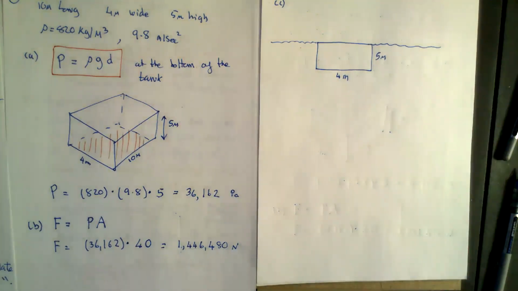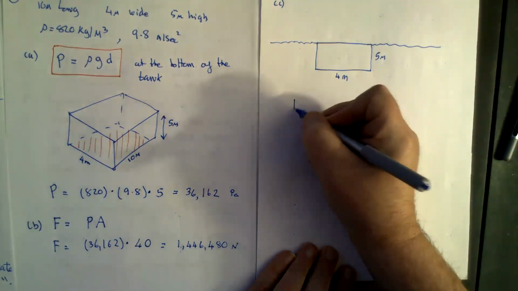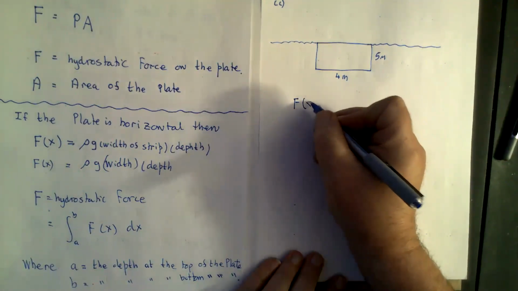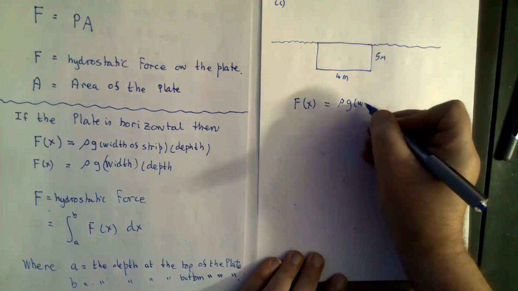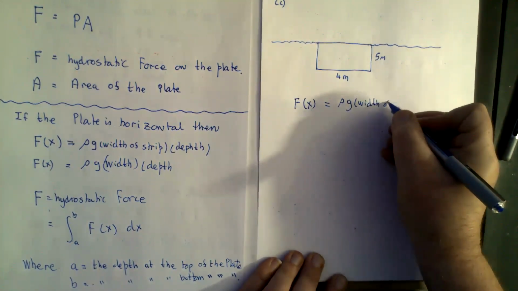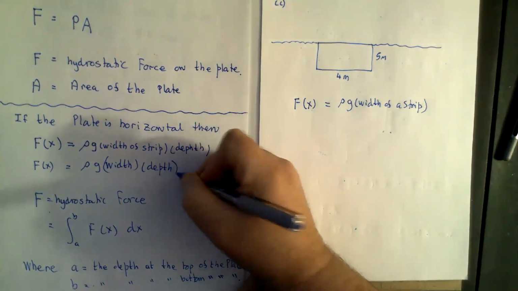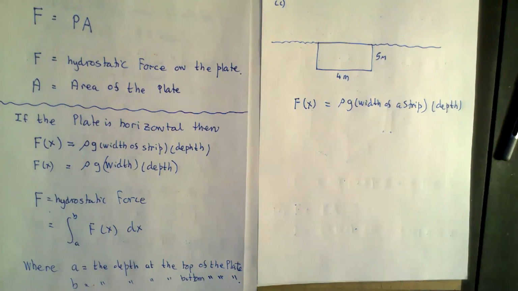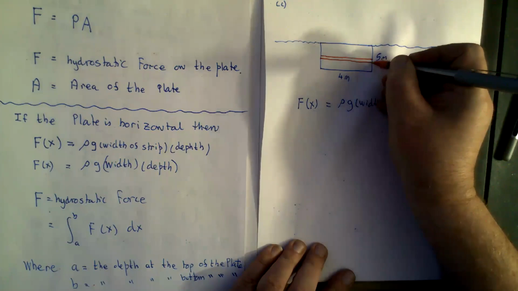So the way that we do this is we calculate a guy called the force function. The force function is rho g, the width of a strip, times the depth. It's a little bit cryptic, but that helps me. What you do here is randomly choose a point somewhere below the surface.